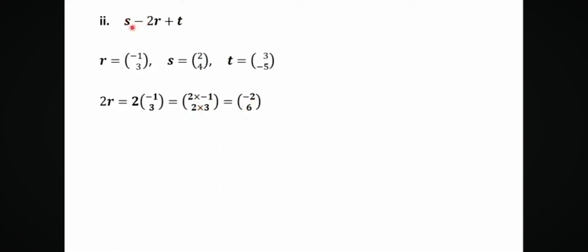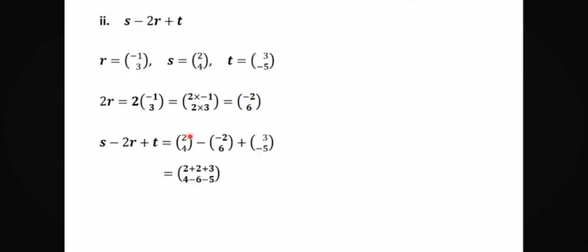So we can now perform this operation: s minus 2r plus t. So s is 2, 4. We have our minus sign. 2r is -2, 6. So -2, 6. Then plus t. t is 3, -5. So if we are adding this, we are going to have 2 minus -2, which will give us +2. We learned this in the previous video. Then plus 3.